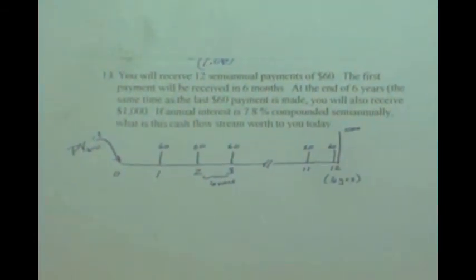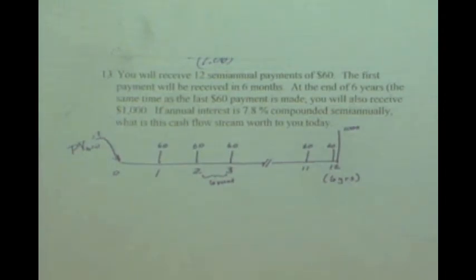All right. This time we're going to receive 12 semi-annual payments of $60. The first payment will be received in 6 months. At the end of 6 years, the same time as the last $60 payment is made, we will also receive $1,000.